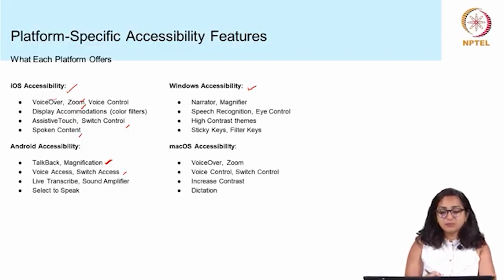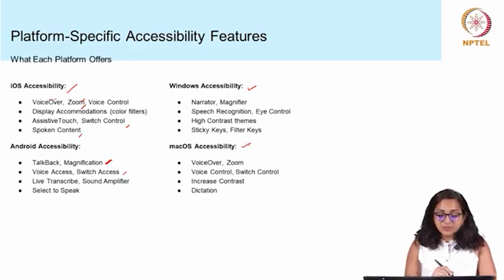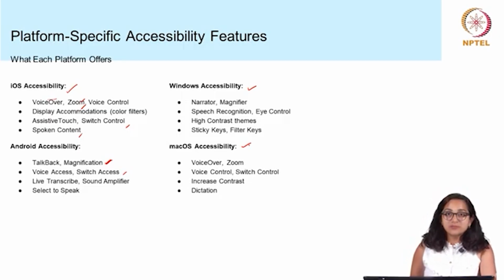So Narrator, Magnifier, speech recognition, eye control, high contrast themes, sticky keys, filter keys, etc. macOS accessibility, again VoiceOver, Zoom, voice control, switch control, increase contrast and dictation mode also. So these are a few of the things which all of them offer.